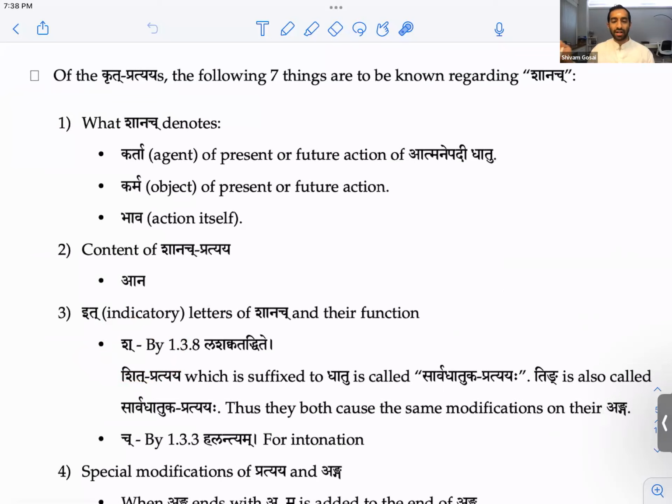Like bhu becomes bhava. So being shit, the same thing is going to happen. You're going to get the same modifications. That's what shakara indicates. Chakara doesn't really indicate anything. It's just for swara, for chanting.